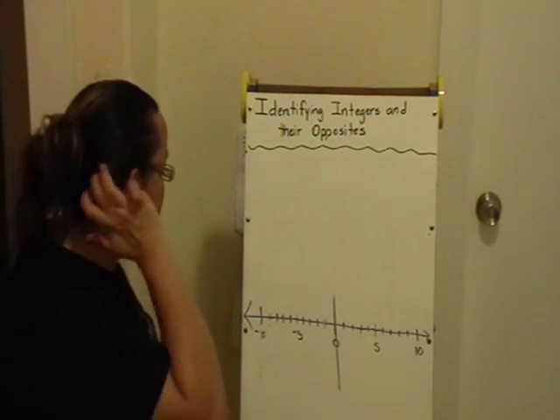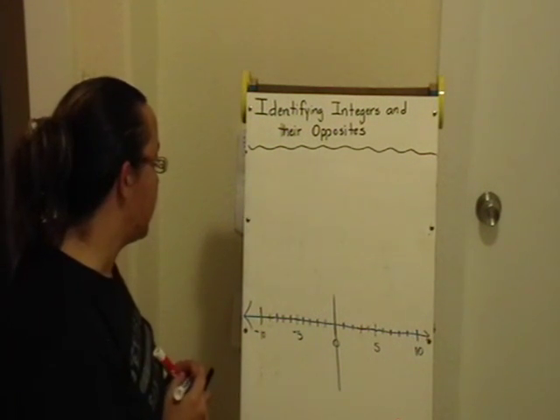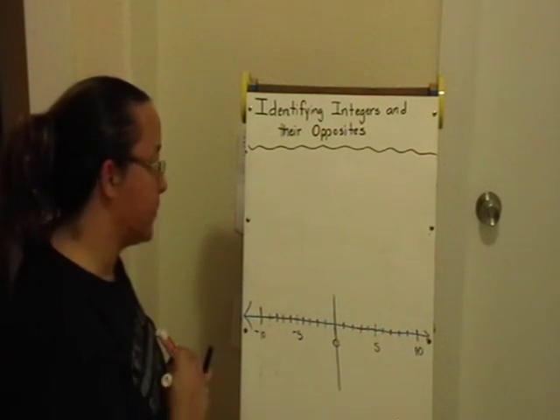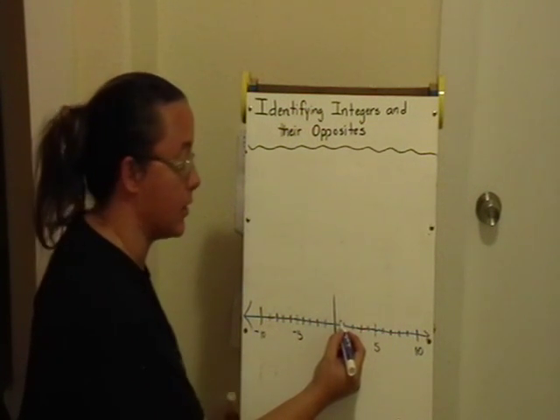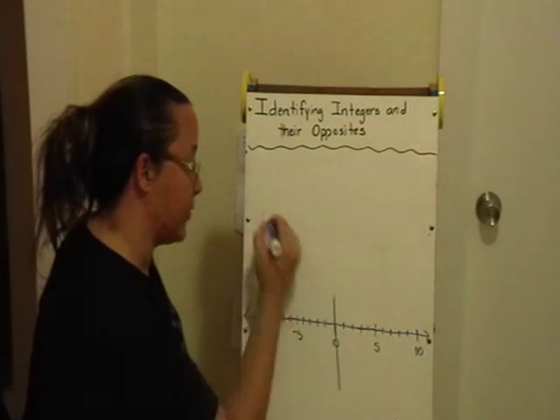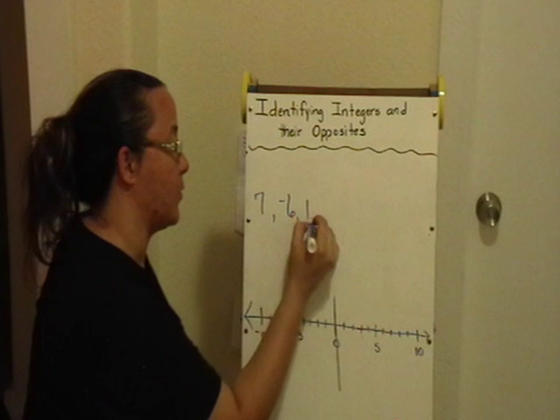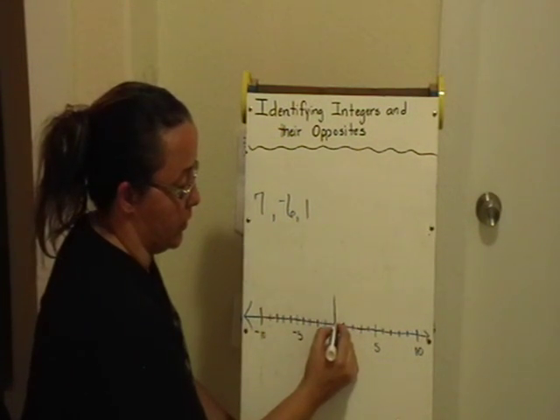So let's take an example here. I would like to graph the numbers 7, -6, and 1. So I'm going to plot them. We're going to start with 7.